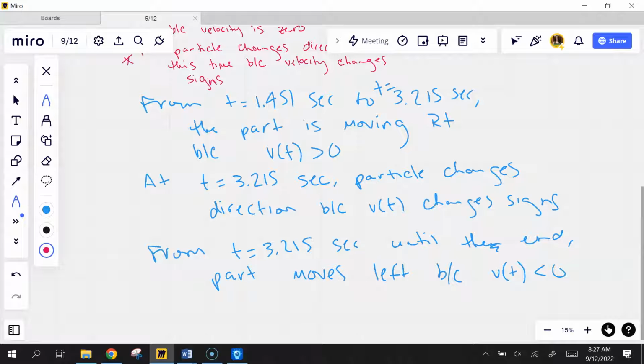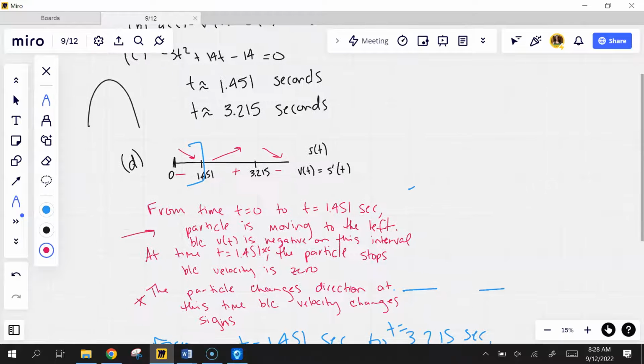Anything else? So 20, 21, and 22 were almost exactly the same thing. 23 just asked you to find the acceleration when velocity was 0. So after you found these points, you plug them into the acceleration equation.